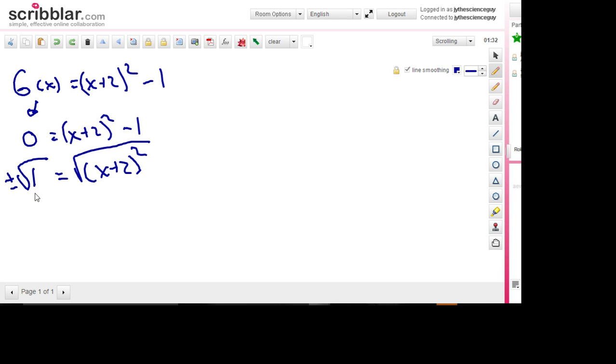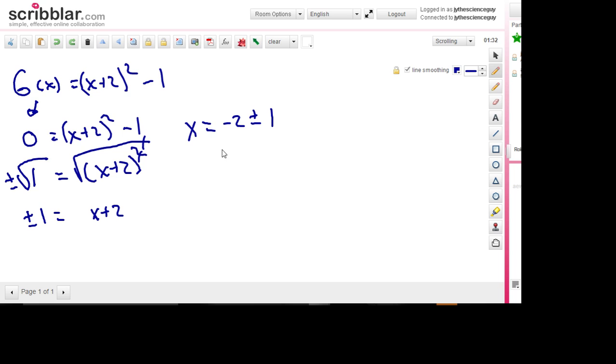What's the square root of 1? 1. So this stays plus or minus 1. And then because I took the square root, the square cancels the square root. So this is just x plus 2 here. Now I'm going to bring the 2 over to the other side, so I get x is equal to negative 2 plus or minus 1.